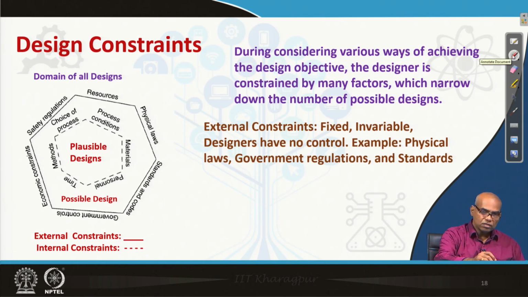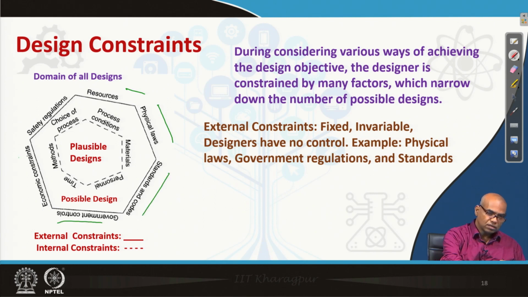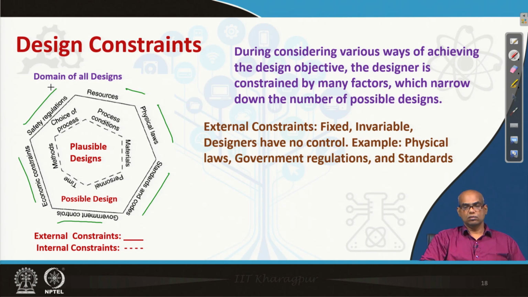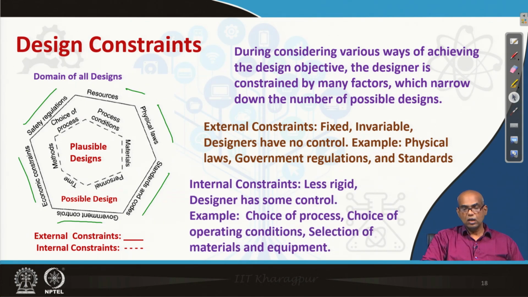Now, these constraints are shown by these outer sides of this polygon. There are some constraints which are less rigid, they are flexible to some extent. The designer has some control over these constraints. For example, choice of process, choice of operating conditions, selection of materials and equipment. These are known as internal constraints.